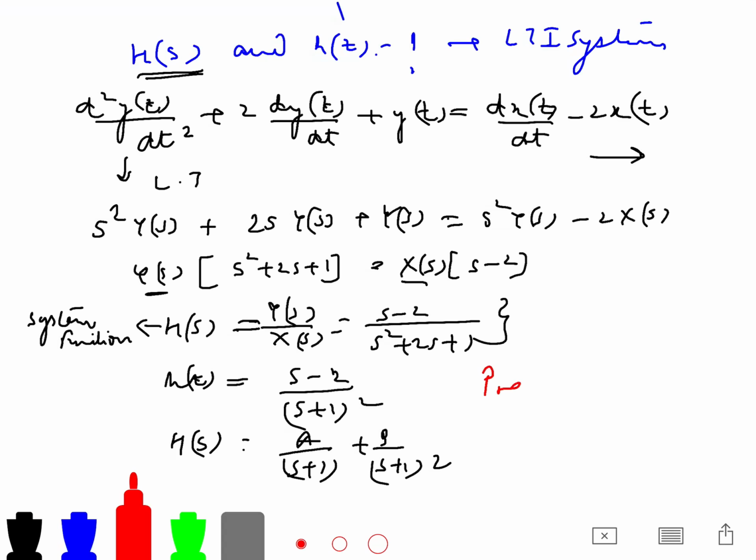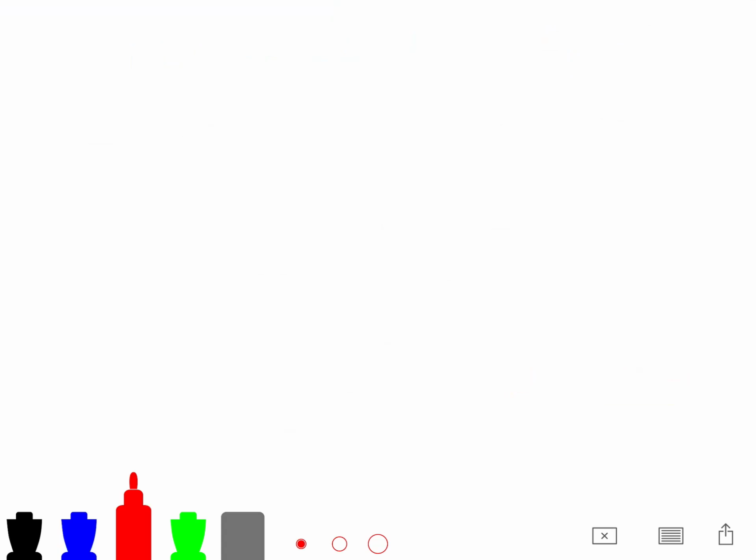So in partial fraction form, this can be written as H(s) equals A upon s plus 1 plus B upon (s plus 1) whole square. Now use the partial fraction properties to find the partial fraction.